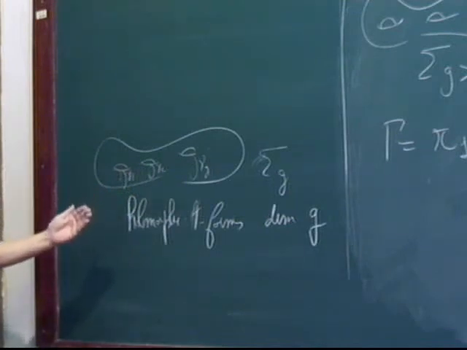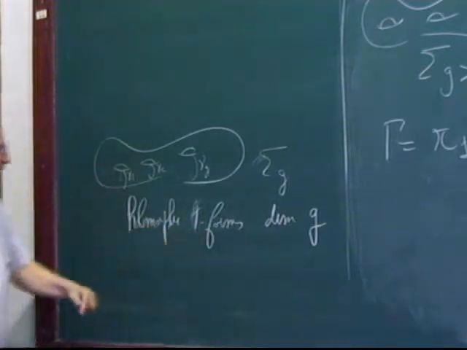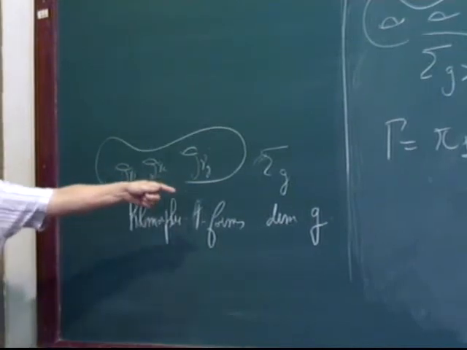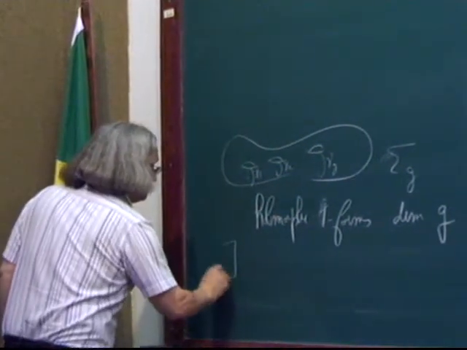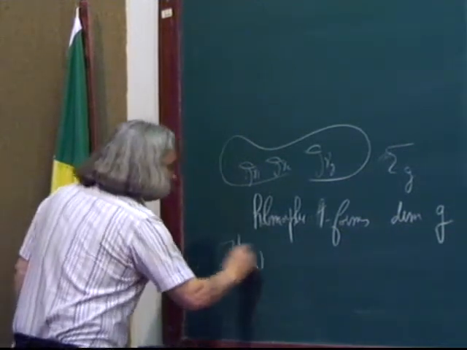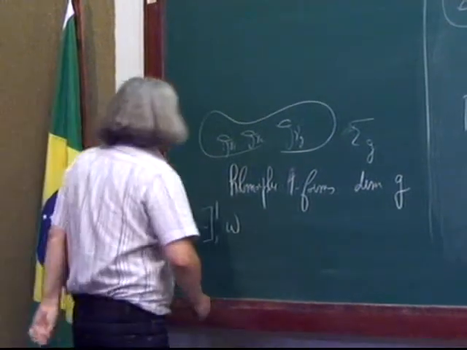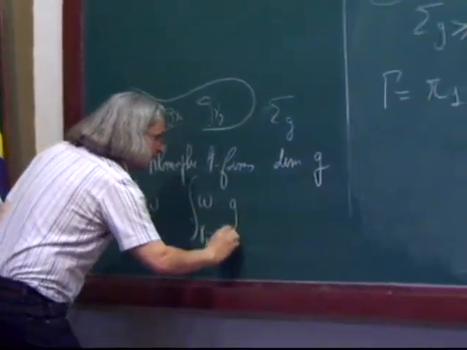I can select the unique one-form which has a given set of values of integrals over gamma 1, gamma 2, gamma G. So there is a unique form omega, which is holomorphic, and whose integrals over the gamma i's are given.